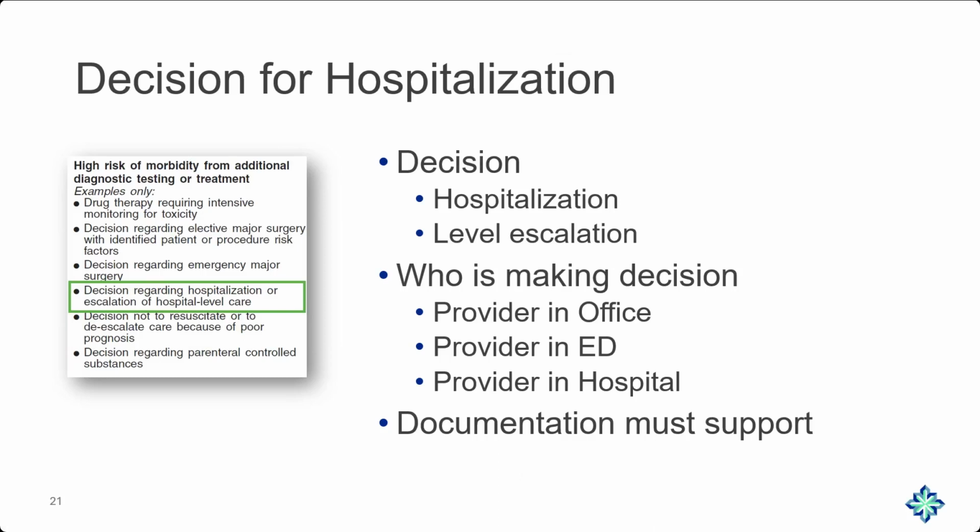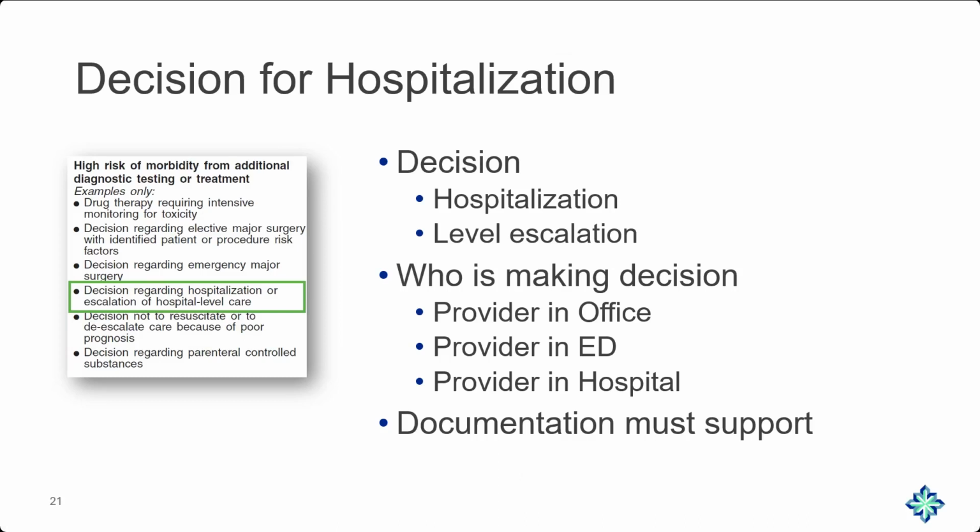So things that we're also going to need in the documentation: who's making that decision? We get this question in other sessions. The provider refers the patient to the ER. What we're going to need to see for a provider in the office to account for that risk level is, did they make the decision for hospitalization, or did they refer the patient for further assessment?